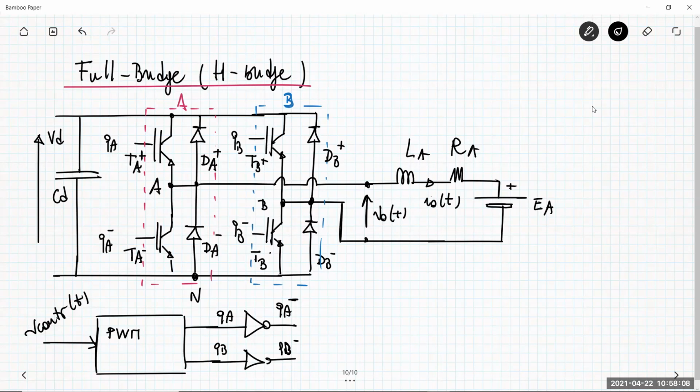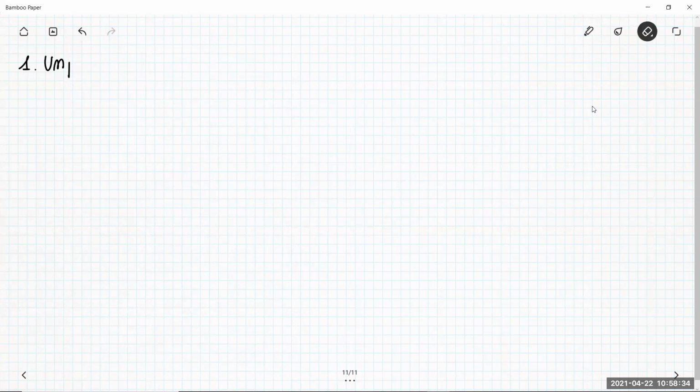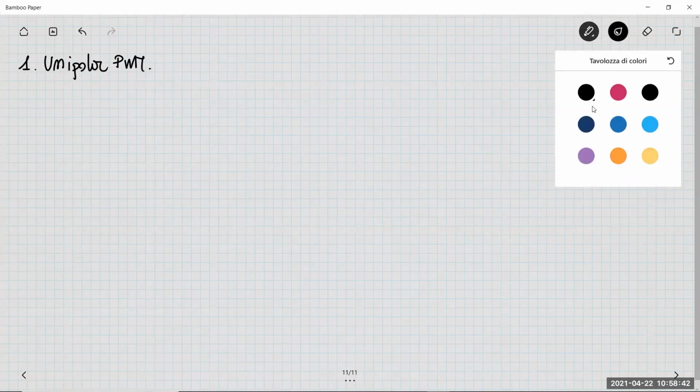So again, as we did for the two-quadrant converters, let's try to derive some basic waveforms. Let's start this analysis by considering the unipolar PWM.